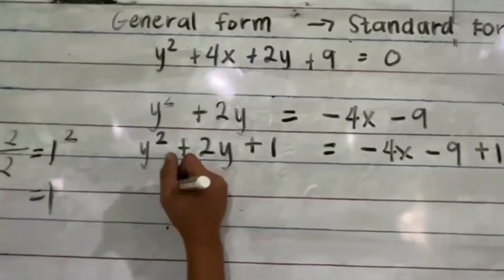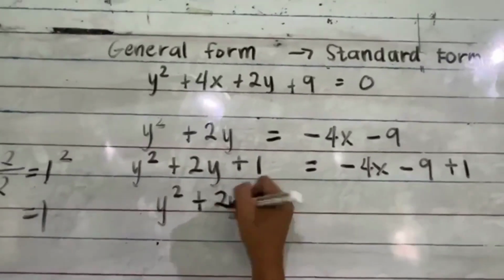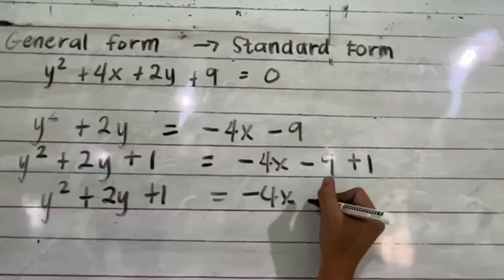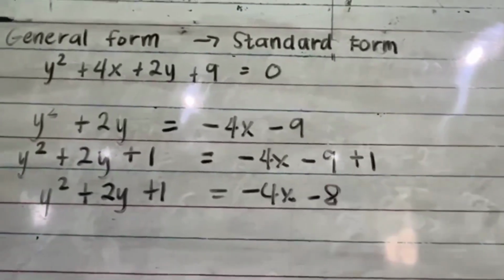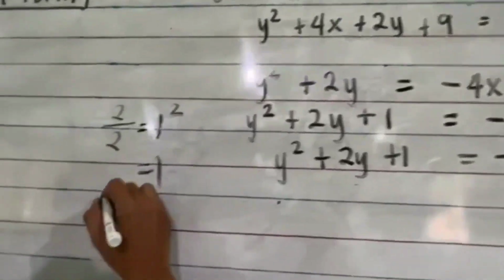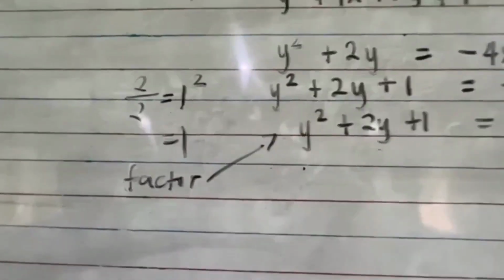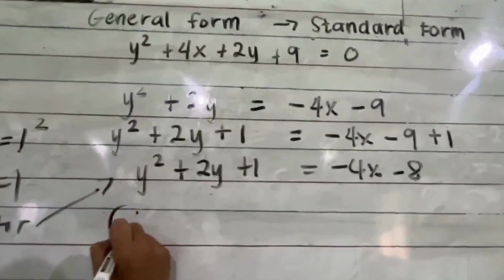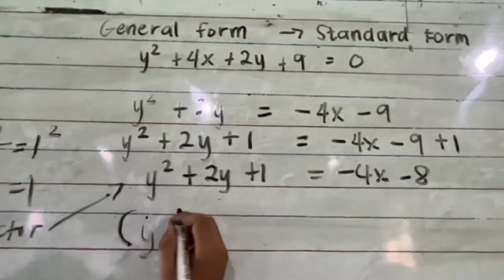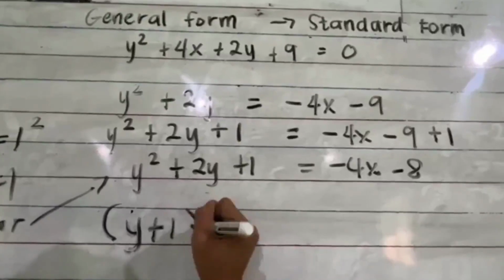Next is we can now solve the -9 plus 1. So copy the given. Then -4x, -9 plus 1 is equals to -8. So the possible factor value of y squared plus 2y plus 1 is y plus 1 squared.